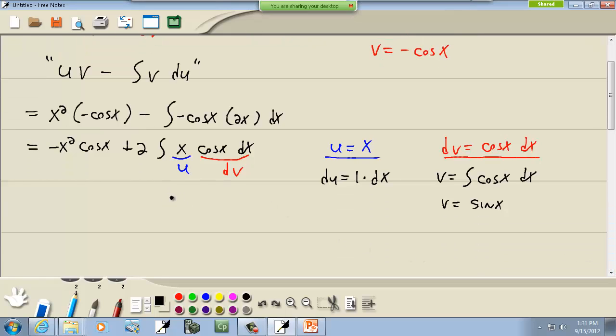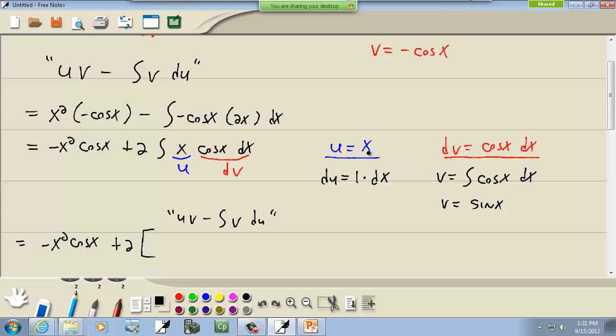So then we're going to continue down with our formula. We're again going to use uv minus the integral of v du. Now this first part remains as is. We've got negative x squared cosine x plus 2, and that 2 is multiplied times everything to the right now.